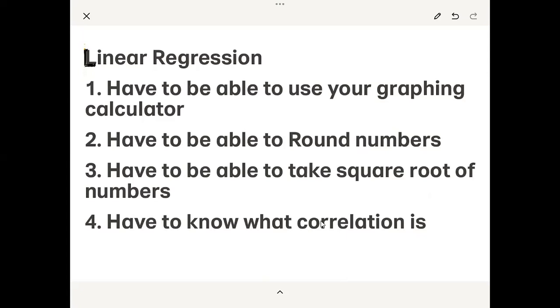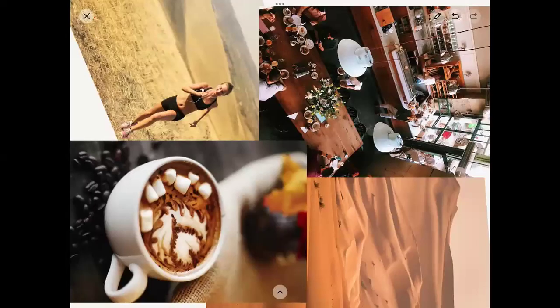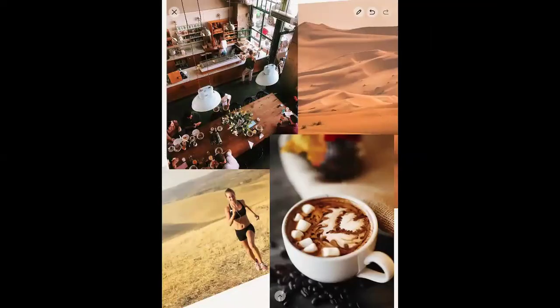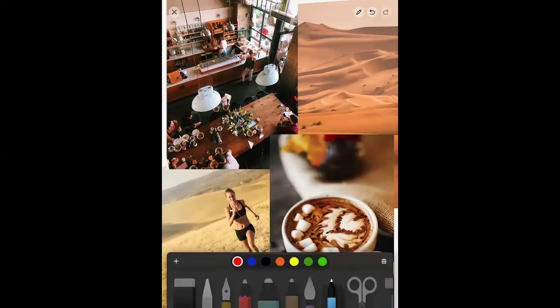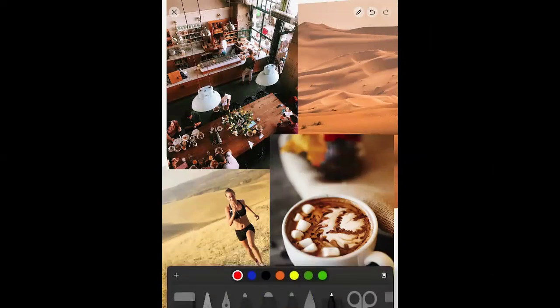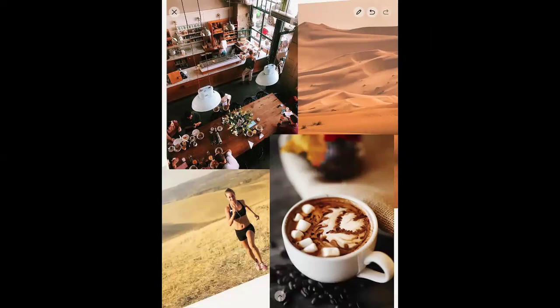So I'm going to start by explaining correlation coefficient, and I'm going to start with this image right here. What you see on my screen is a collage of images. This is a coffee shop, and a coffee shop sells coffee. It sells hot chocolate.